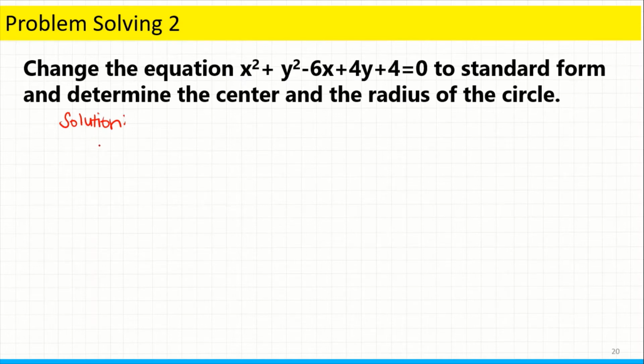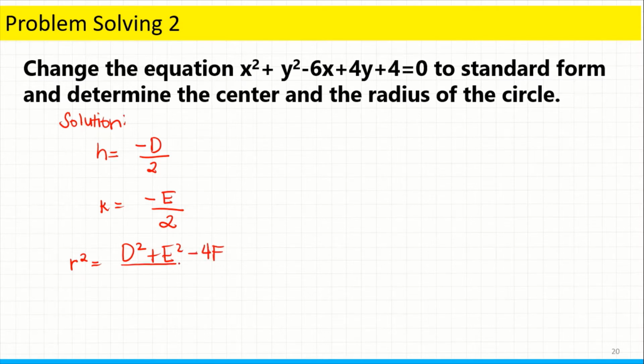We can use the formula, which is h is equal to negative D over 2 and k is equal to negative E over 2, and then r squared is equal to D squared plus E squared minus 4F all over 4.